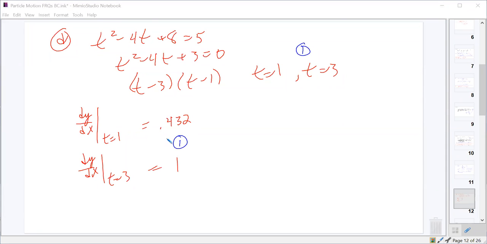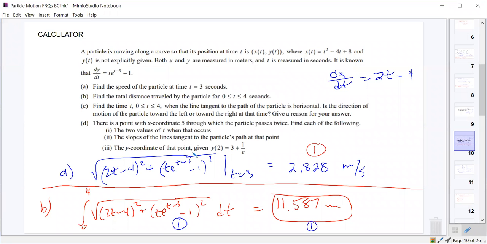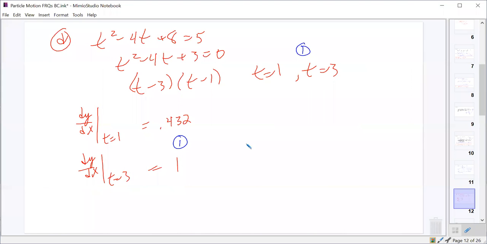And then lastly, what did it ask? The y coordinate of that point. So we're going to try and find the y coordinate of that point if we know that y of 2 is 3 plus 1 over e. So we just need to find the displacement from t equals 2 to t equals 3, or from t equals 2 to t equals 1, and then add this initial condition to it. So we'll just do the integral from 2 to 3 of what was our dy/dt?